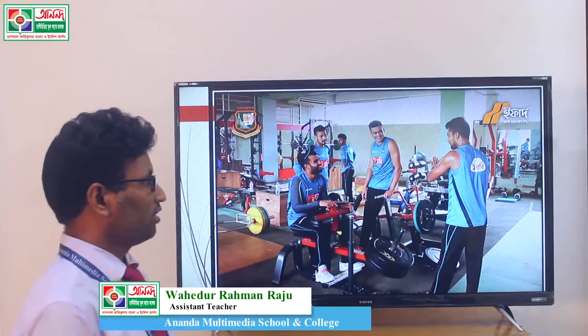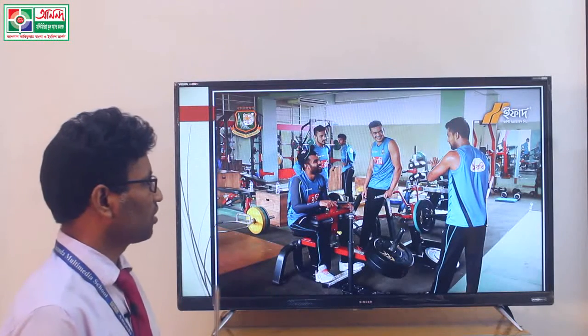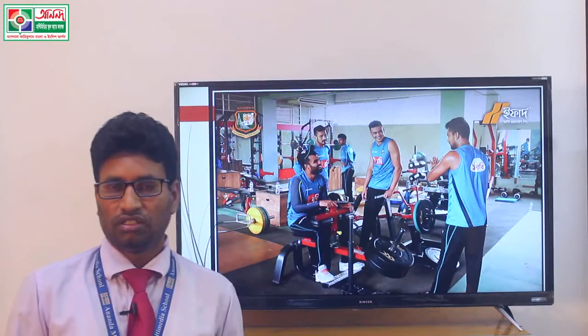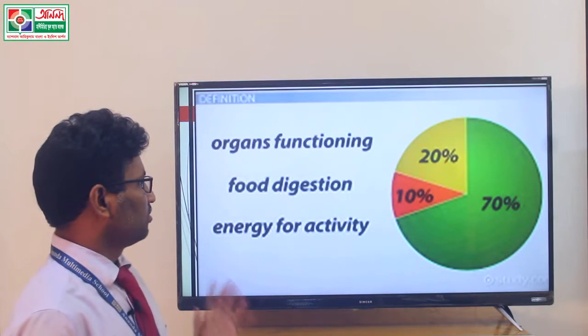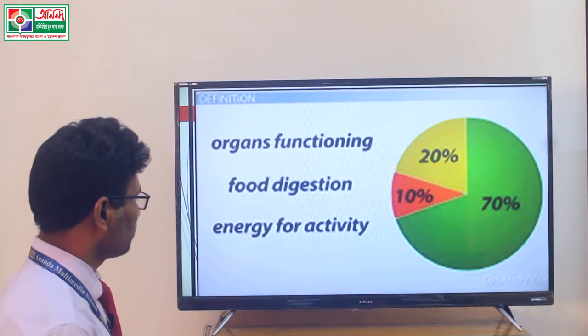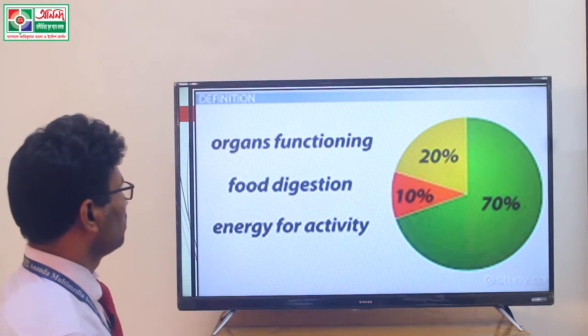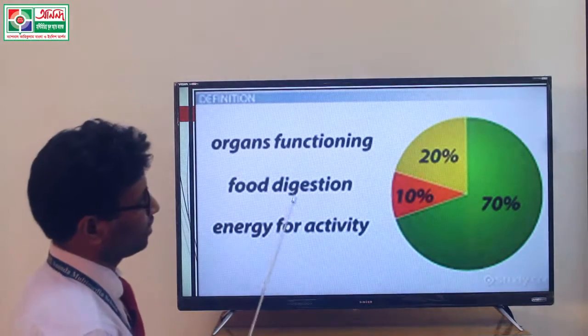This is another figure shown on the screen, and this figure is also related with BMR. It is another diagrammatic figure or pie chart, and the same information is shown in it: organ functioning, food digestion and energy for activity.